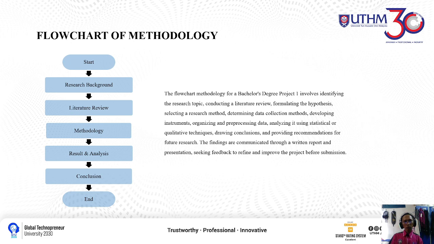The flowchart methodology for a bachelor's degree project 1 involves identifying the research topic, conducting a literature review, formulating the hypothesis, selecting a research method, determining data collection method, developing instruments, organizing and pre-processing data, analyzing it using statistical or qualitative techniques, drawing conclusions, and providing recommendations for future research. The findings are communicated in a written report and presentation, seeking feedback to refine and improve the project before submission.